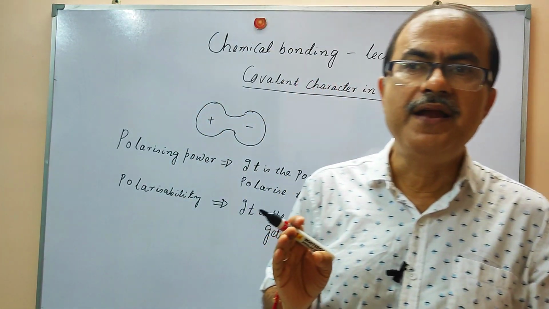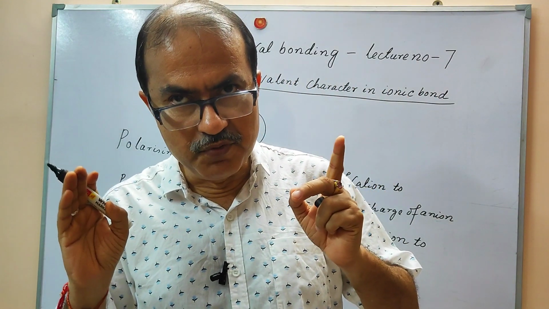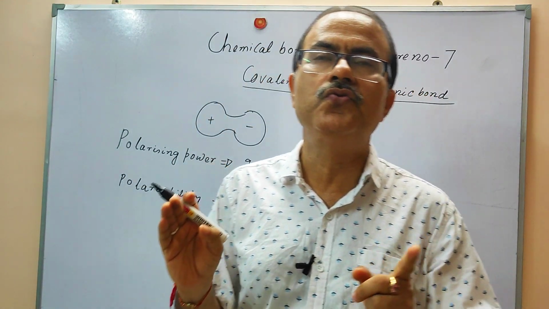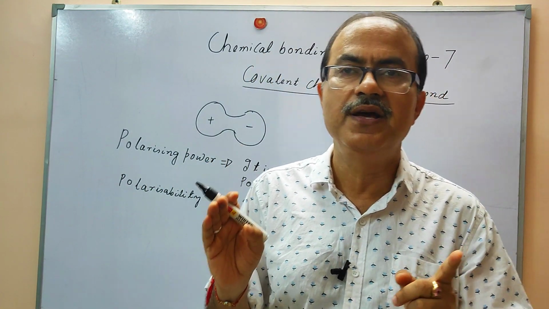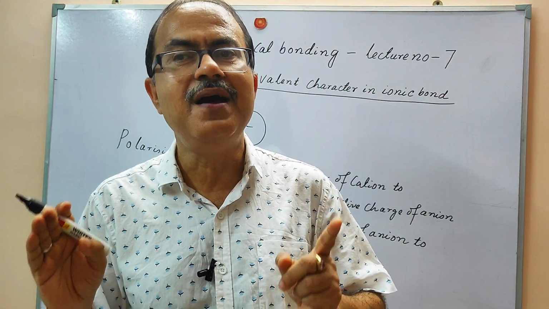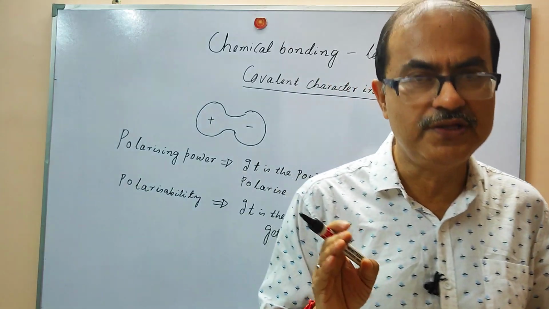There are some rules by which we can understand the covalent character in an ionic compound, and these rules are called Fajan's rule, which we are going to discuss.